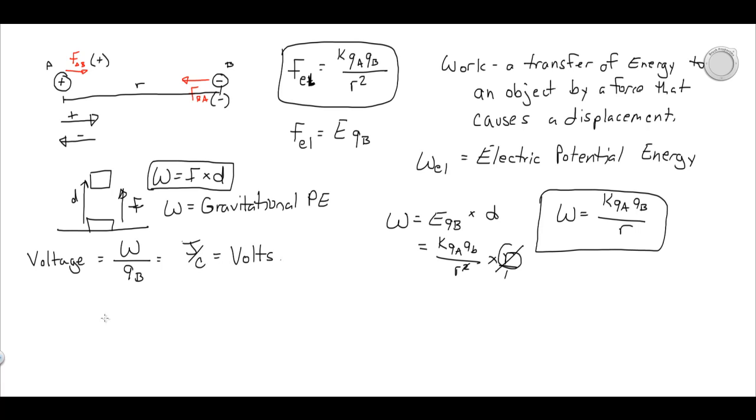All right, so let me show you what this means. It means that if I were to take the work equation here, and I wanted to know per unit charge what my energy is going to be, well, I will divide both sides by the charge that I'm moving.